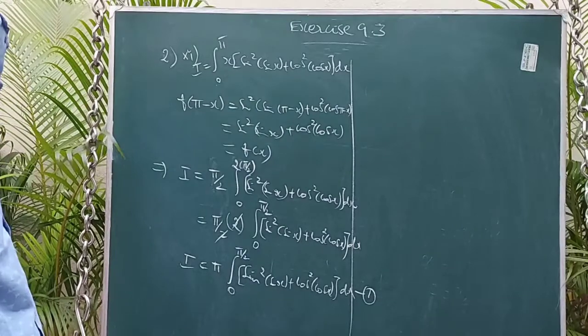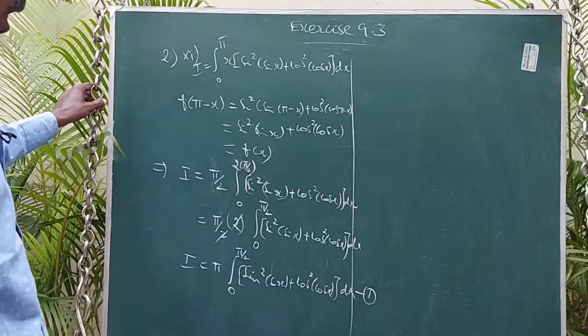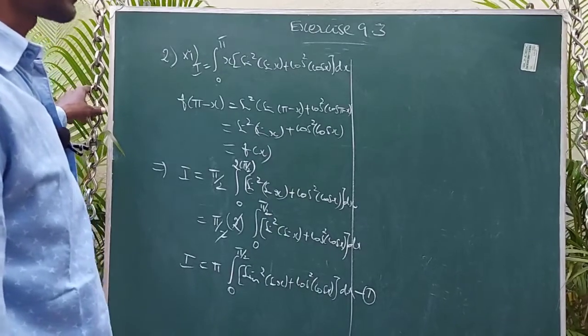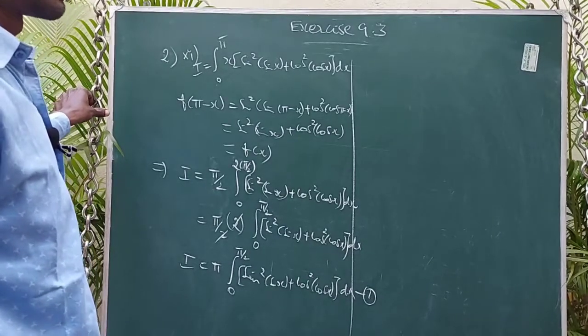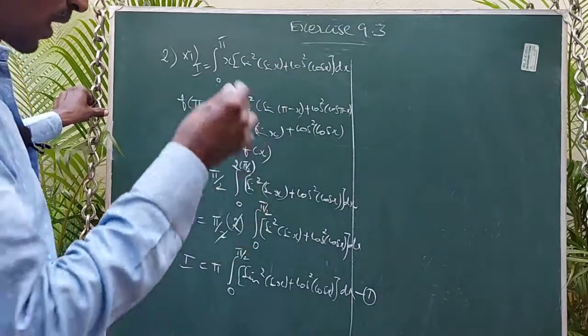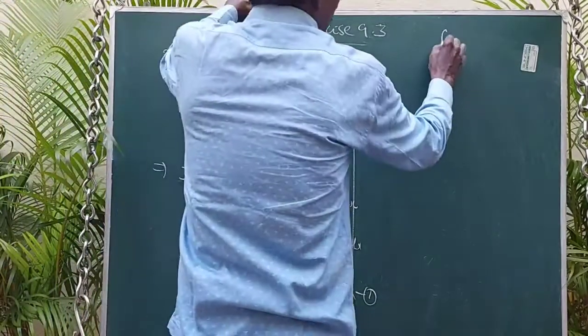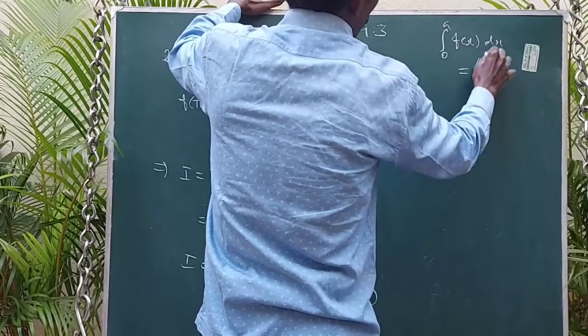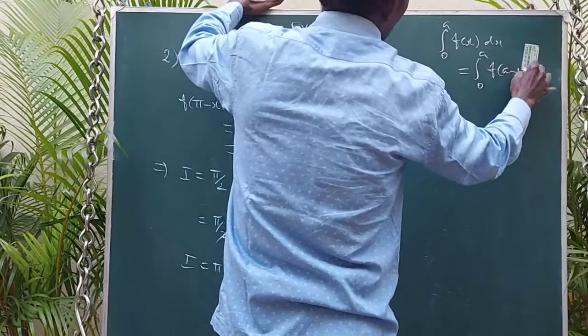Again we have the property number 6: integral 0 to a of f of x dx equals integral 0 to a of f of a minus x dx, the result of a plus b minus x.